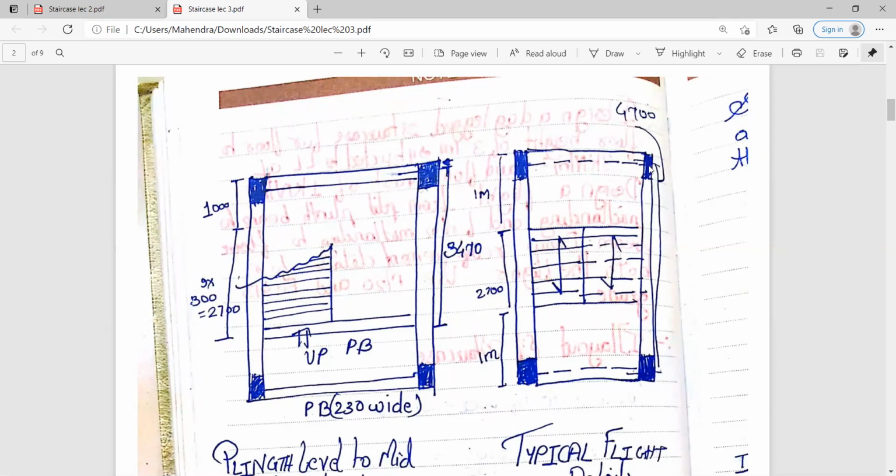So it is 2700. You have to divide 230 by 2, that is 115. So 2700 plus how much? 770, that is 3470 plus 770.